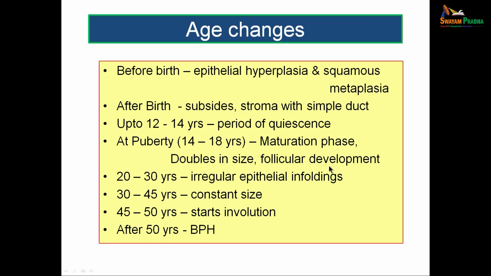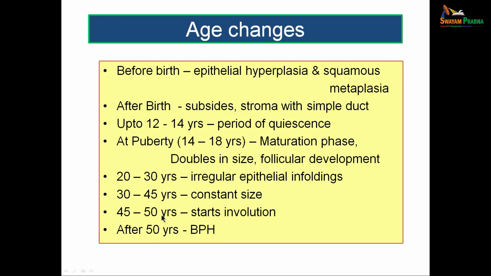The follicular epithelium will start projecting into the lumen, showing foldings. The foldings increase by 20 to 30 years of age. Now, they become irregular epithelial infoldings, which is characteristic of prostate. 30 to 45 years, it is constant in size.